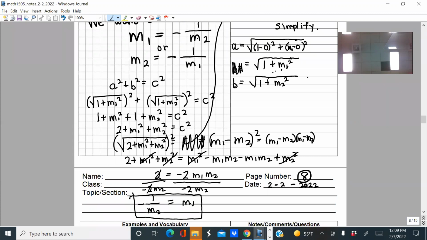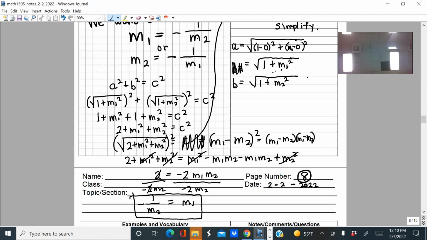So there it is. It took a little bit to get to that, right? But when you have lines that are perpendicular, their slopes, no matter what they are, are negative reciprocals of one another. You can also solve this equation for M2, and you would get M2 is minus 1 over M1. Slopes are negative reciprocals. Cool.